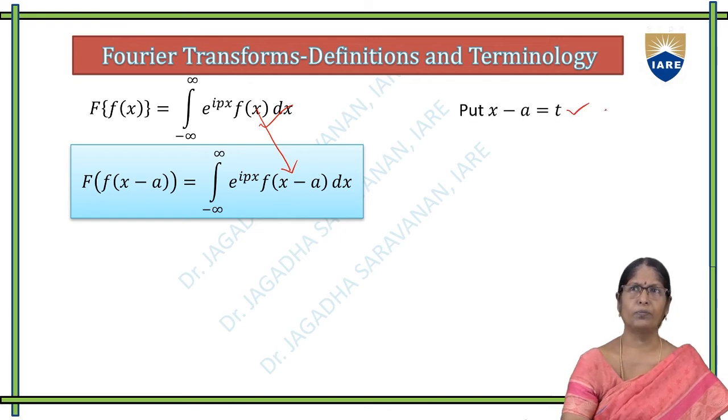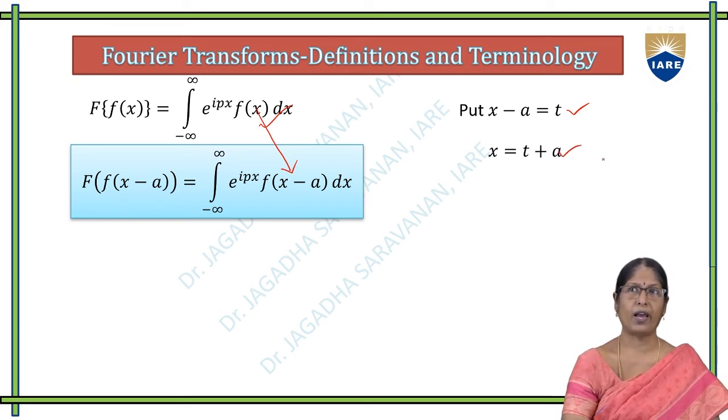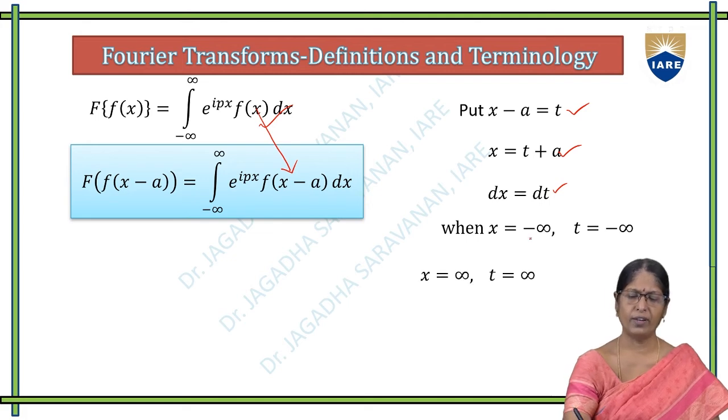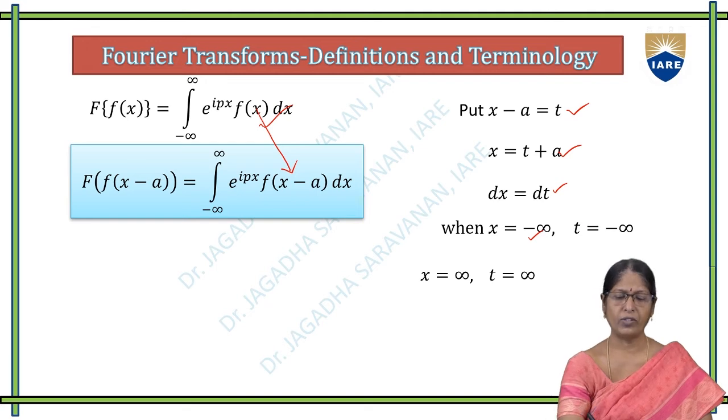We assume x minus a equal to t, so x equals t plus a, and dx equal to dt. We check the limits: for x equal to minus infinity and infinity, there is no change in t. That is minus infinity to infinity.